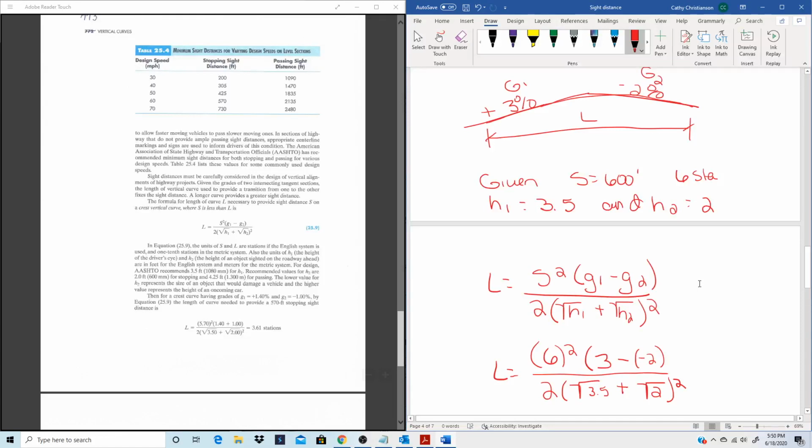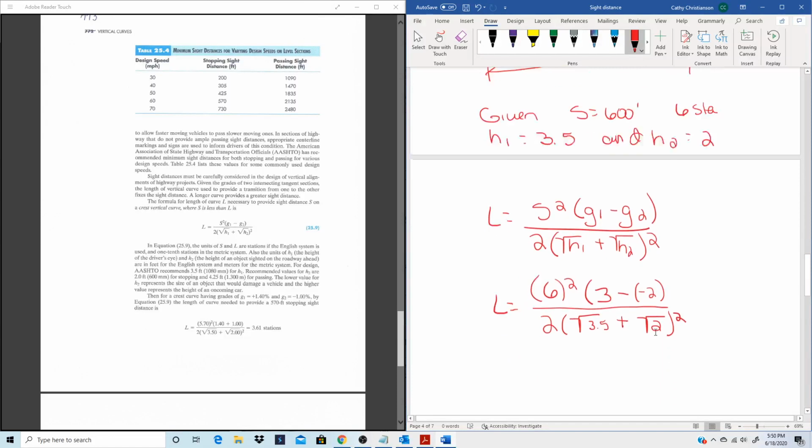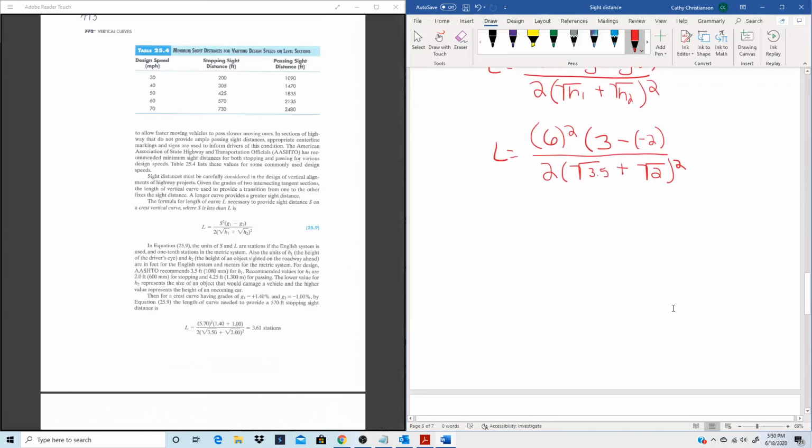So this one's a crest curve, and it's for stopping. I'm going to solve for the top and put that in. So 6 squared times 3 plus 2 gives me 180.